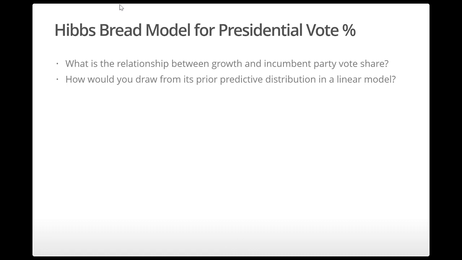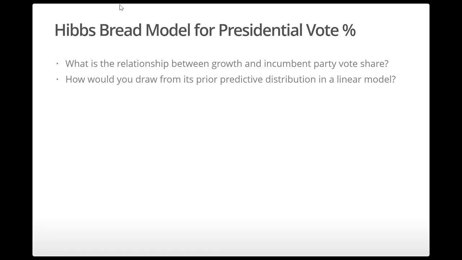What are the bounds on alpha? 100. Right, so it's got to be between 0 and 100. Okay, so we know that. Might have a median somewhere around 50 or a little bit over. And then, what might we say about the uncertainty about that? What's the biggest value you could imagine being for the expectation of the incumbent party president vote share? 60.